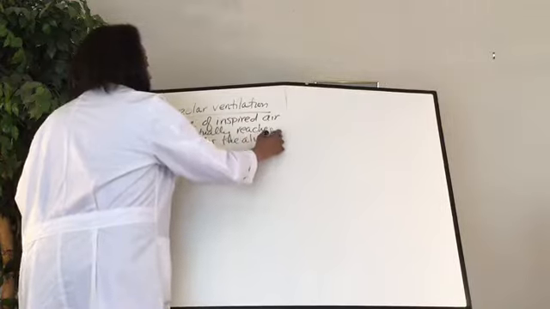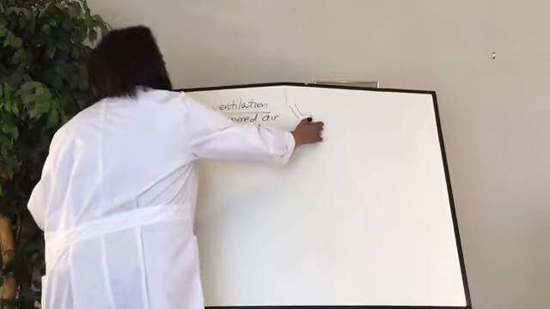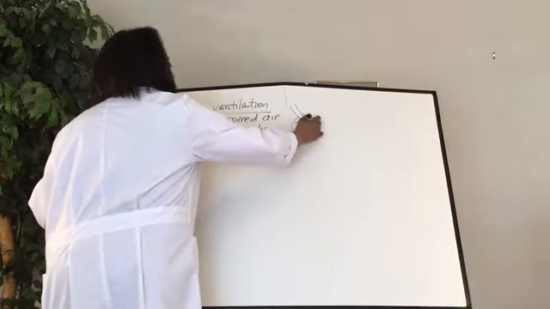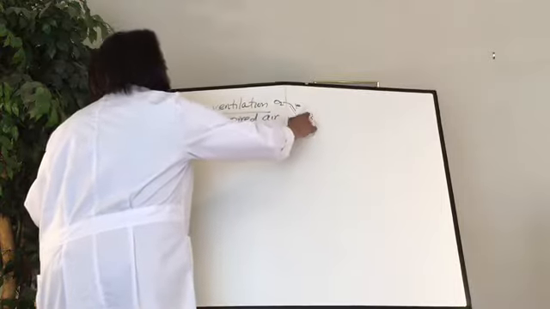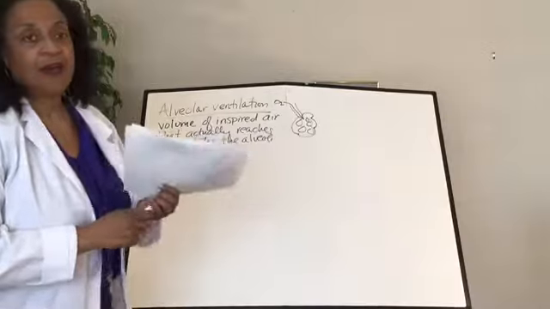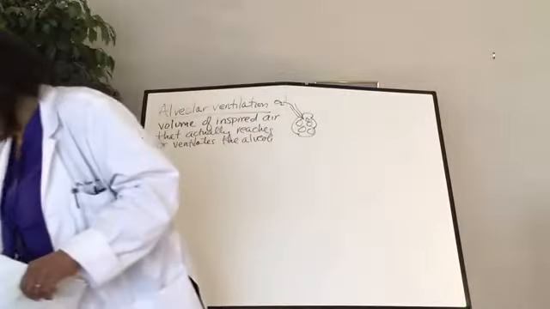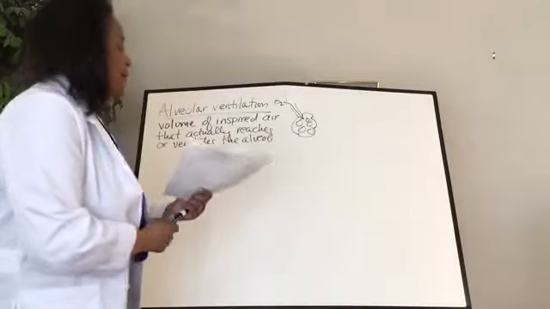All right. Here's the alveoli. Let's just draw it. Oxygen or air has to come in here and reach that. Anything that blocks the alveoli from getting that oxygen is going to be a problem.